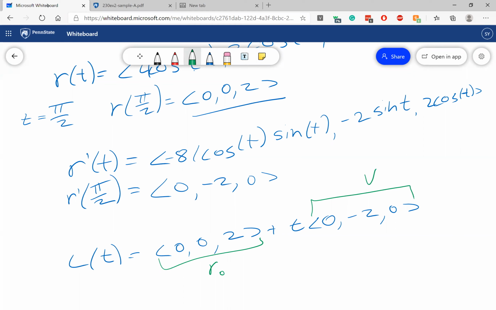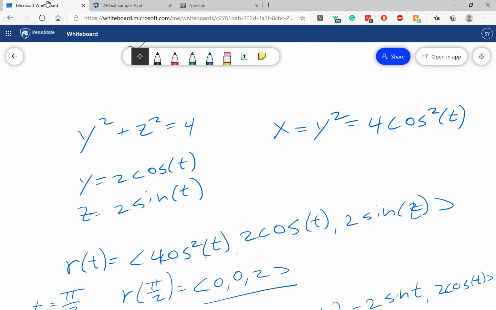Any questions about this? Yeah, Professor. They don't indicate that you have to parameterize it using the r cosine t and whatnot. What if we define, for example, x equals y squared and z something in terms of y?